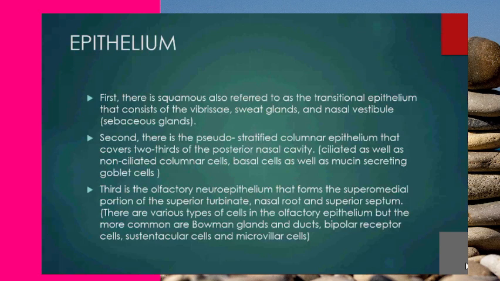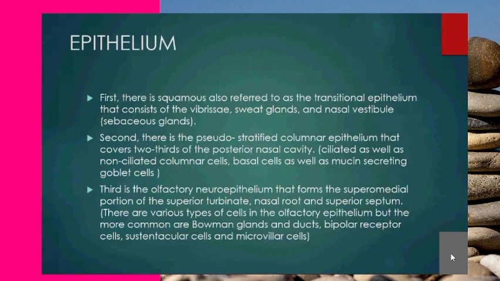You have both ciliated and non-ciliated columnar epithelial cells, basal cells, and also the mucus-secreting goblet cells. Goblet cells can also be seen in the middle ear. The third is the olfactory epithelium, which is responsible for smell.